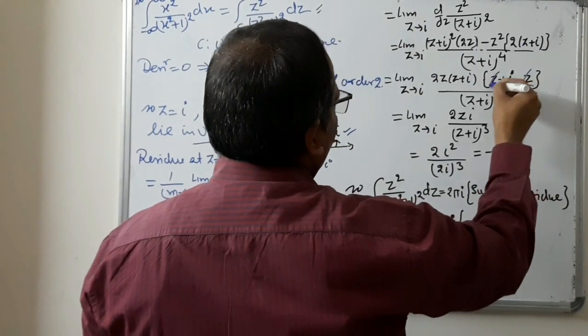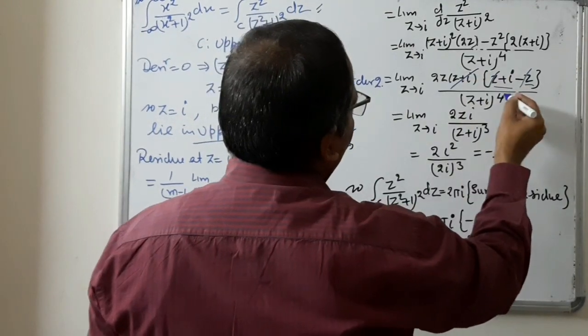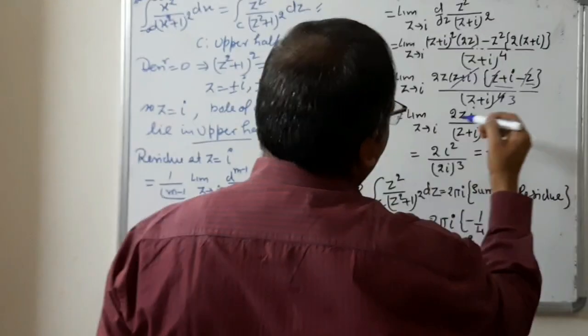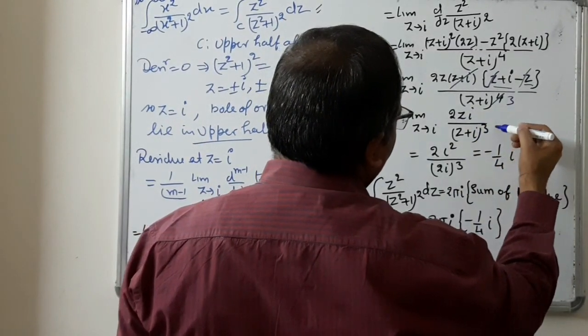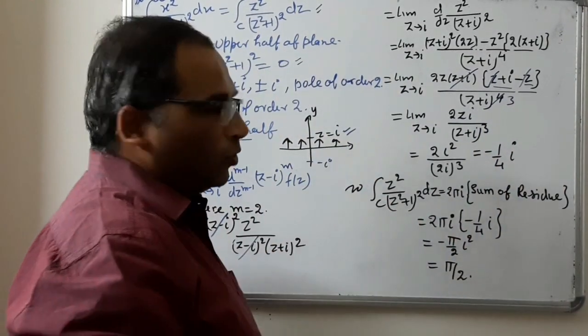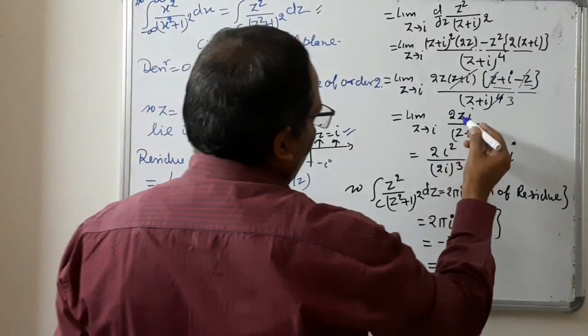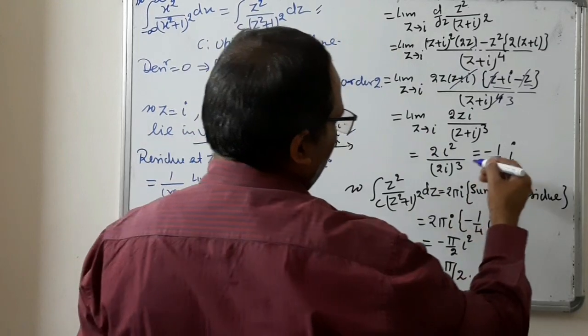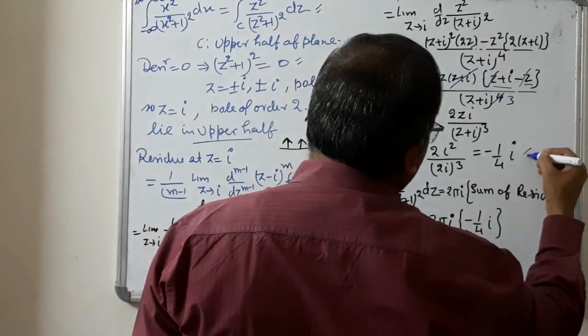The z and z cancel out, and for z plus i we get power 3. So we get limit z tending to i of 2zi upon (z plus i) power 3. Put z equals i here, so we get 2i square upon (2i) power cube. From here we get minus 1 upon 4i.